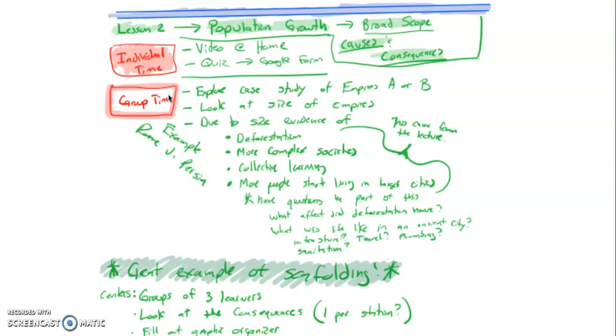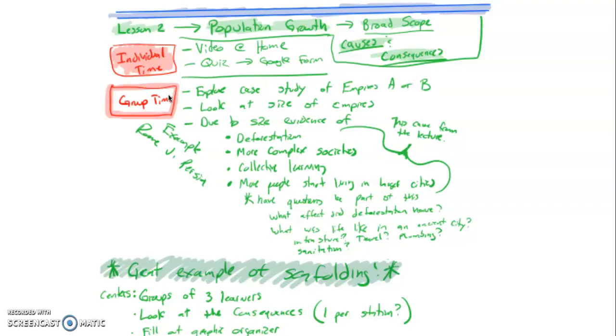And so they're going to look at each one of these individual consequences of population growth in a specific station. What I'm thinking is that there would be 4 different stations, and each one would have a different resource for Rome and a different resource for Persia that pertain to one of these consequences.